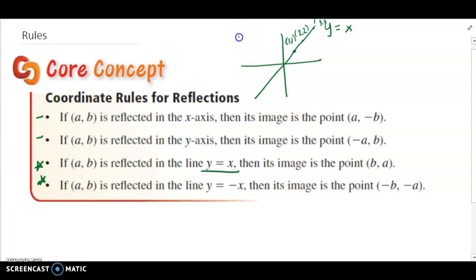And then this line right here would be the line y equals negative x. So this would be like negative 5, 5, negative 3, 3, and so on and so forth. So please do note these rules and memorize them, and we will go over how you use them.